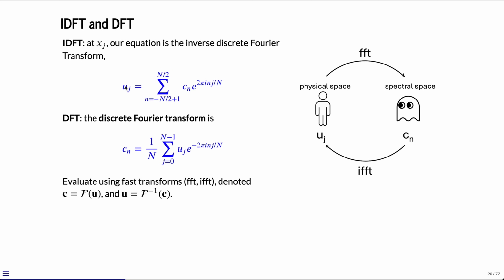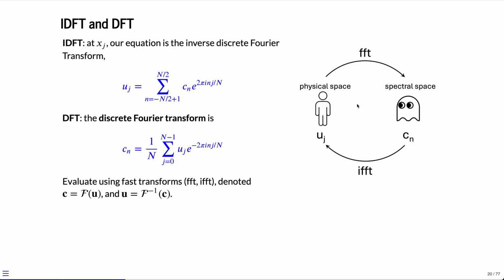So our function u is defined on a grid in the physical coordinate. But the Cn are the representation of u in the spectral space, because they're the coefficients of the Fourier modes. So the Cn can be thought of as the magnitude of the Fourier waves at the different wave numbers represented by index n.